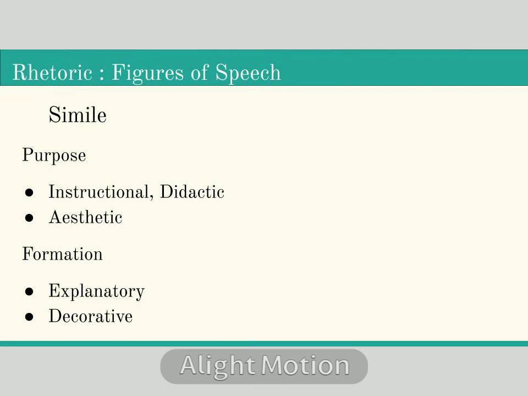So in case of didactic literature or instructional speeches, simile can be used to make sure that the audience or the readers achieve a proper or clearer understanding of the topic.